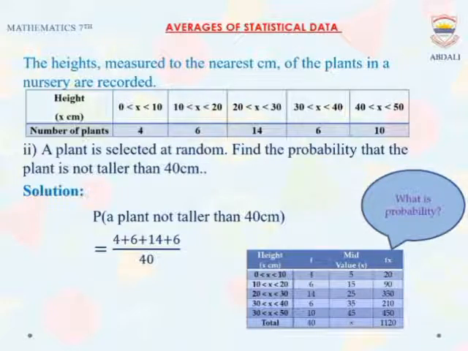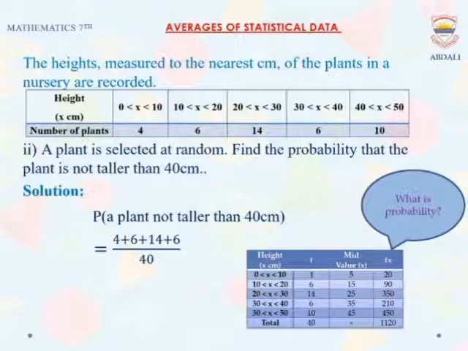So we will not count the last interval. We will count the frequencies of our first four intervals, which are 4 plus 6 plus 14 plus 6, and we will divide it by the total of frequencies, which is 40.